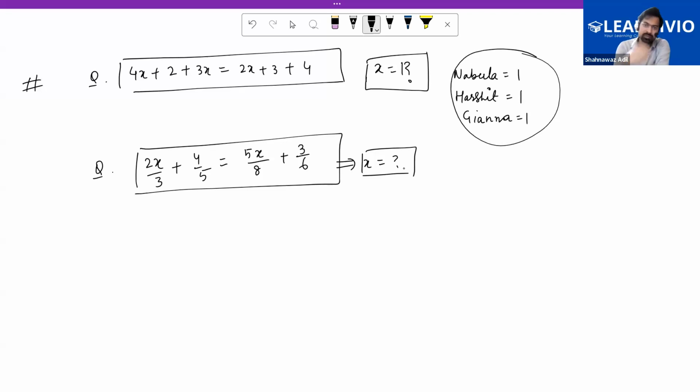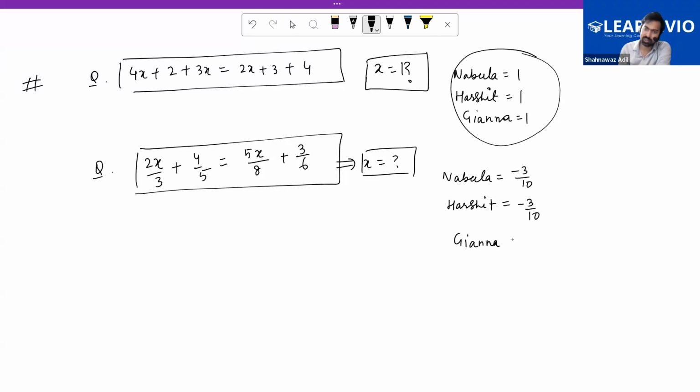Is it minus 3 by 10? Minus 3 by 10. Yes. Gianna or Nabila, who got this? Nabila: minus 3 by 10. And Harshit and Gianna, what about you guys? Sir, same. I'm also getting minus 3 by 10. Oh, good.